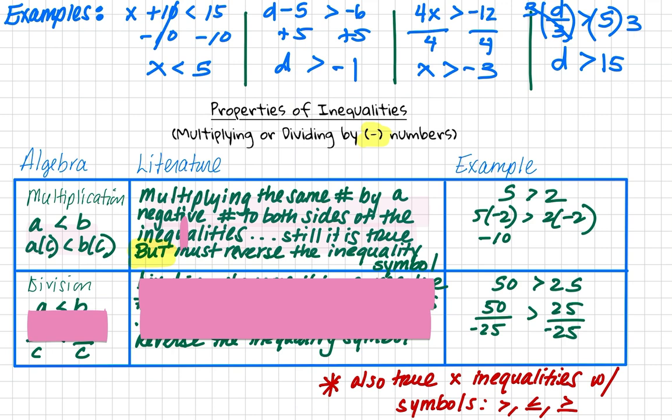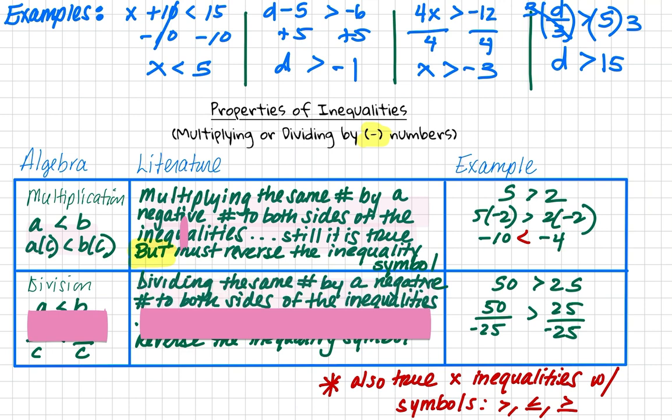Since it's a negative multiplicand, we know that we automatically are going to flip it. Let me put it in red, the other way. And then we're going to do the math here. So that's negative 4. And that does make it true because negative 10 is a smaller number than negative 4. Negative 10 is never going to be greater than negative 4.